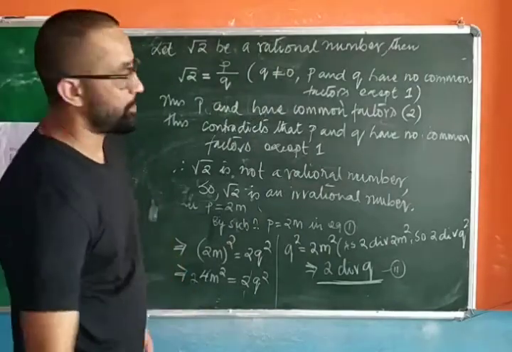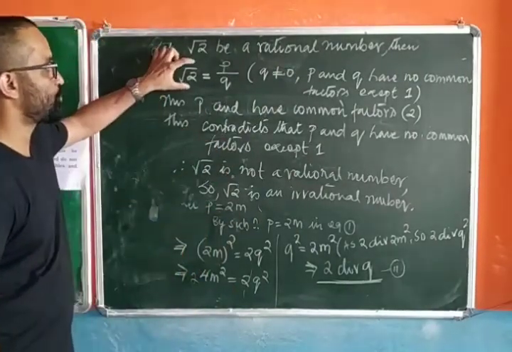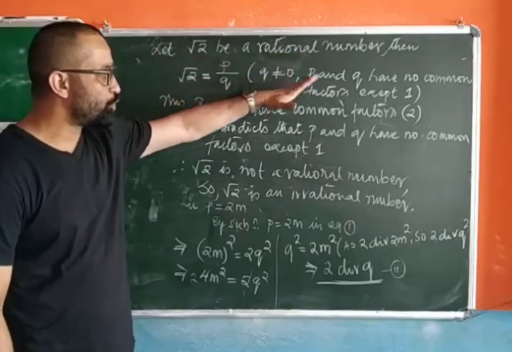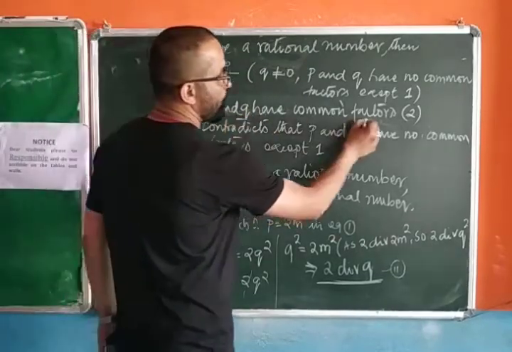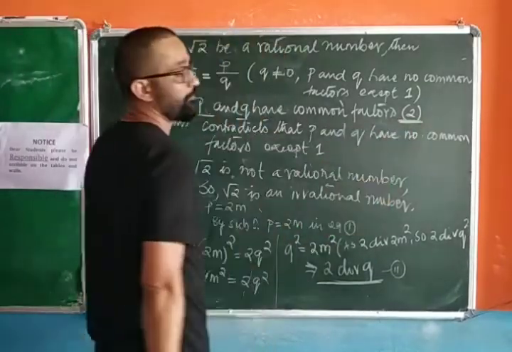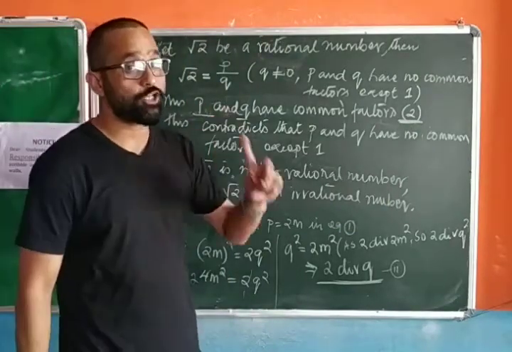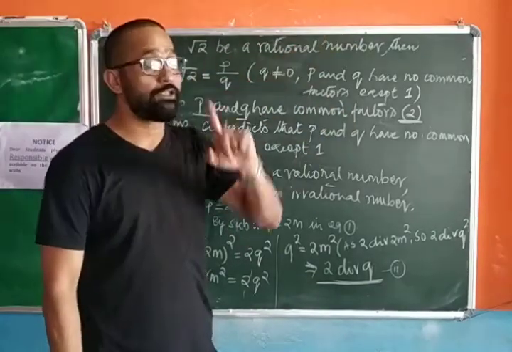It's not difficult, you just need to follow the steps. Root 2, we have assumed it as a rational number. So we prove it, and p and q both have a common factor. When we have a common factor, it contradicts the statement for a rational number.